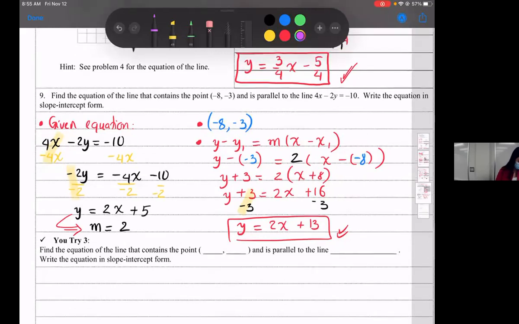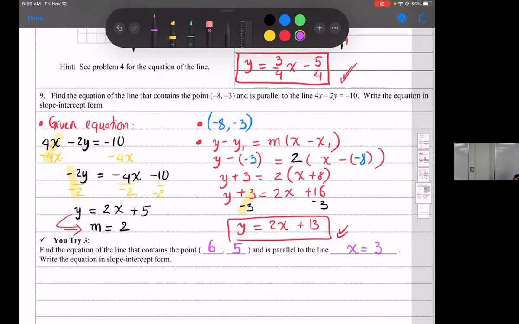You try 3. Find the equation of a line that contains the point 6, 5, and it's parallel to the line x equals 3. Oh, this one you should be able to do. I'm saying it's parallel to x equals 3, and it goes through 6, 5. Draw it out.